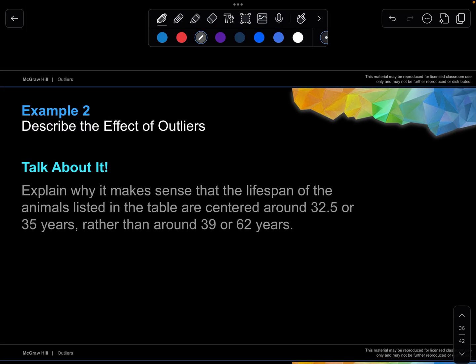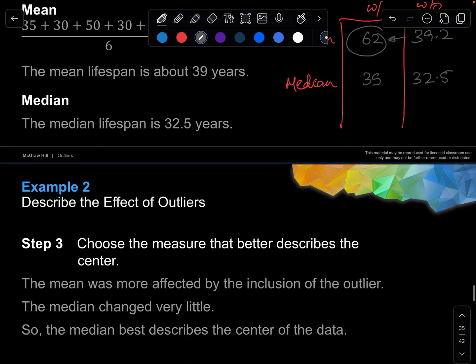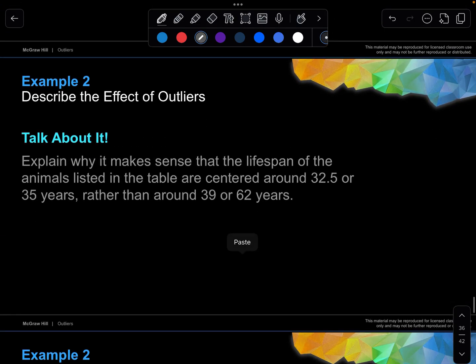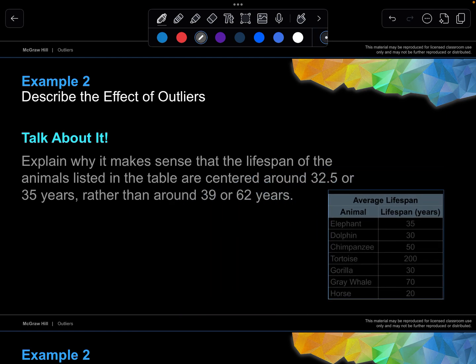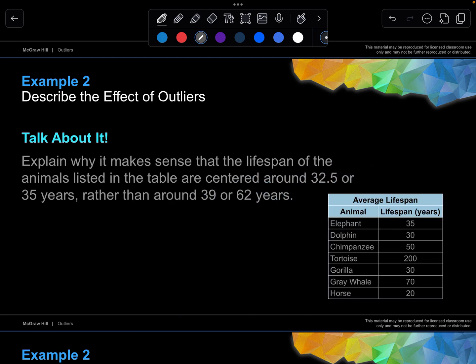Now, why does it make sense that the lifespan of the animals listed in the table is around 32.5 or 35 years rather than 39 or 62 years? Think about it. In fact, let me paste that table over here, right? Let's make it smaller. Let's take a look at this table. Well, if you see, most of our data is clustered around 35, right?